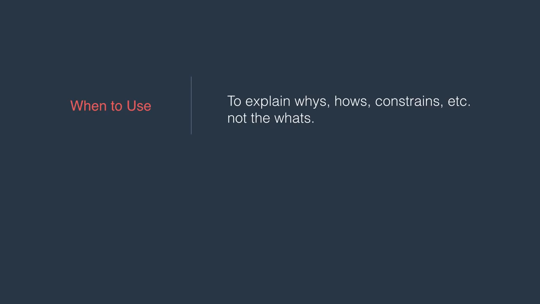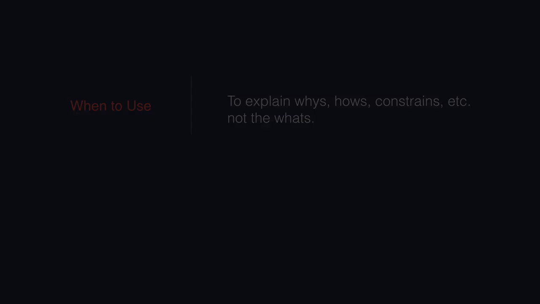So after a while, these comments become outdated. And because they don't get compiled like the code, there is no way to validate them, and after a while, they become useless. So again, keep them to a minimum and explain whys, hows, and constraints that you had at the time you wrote the code, so the next person who is reading your code knows the reason why you wrote the code that way.